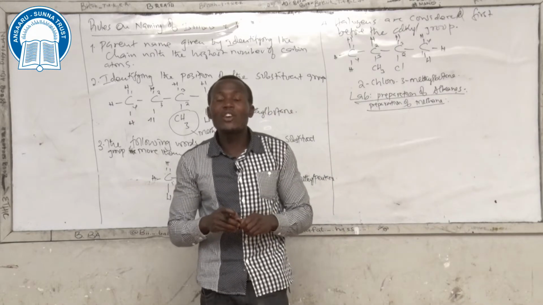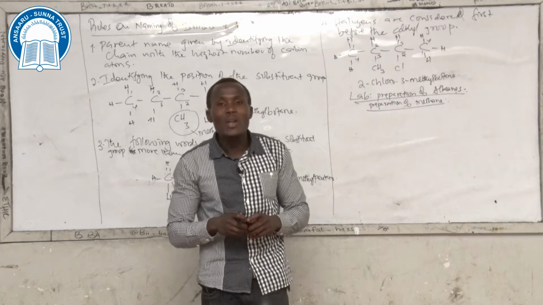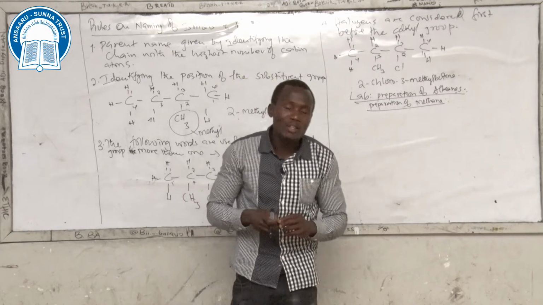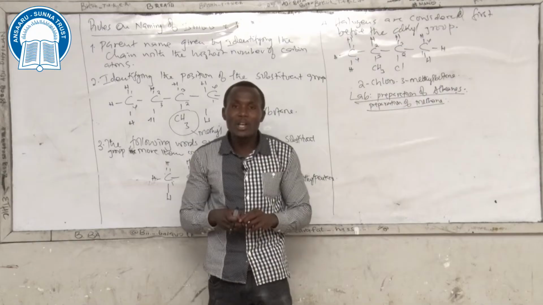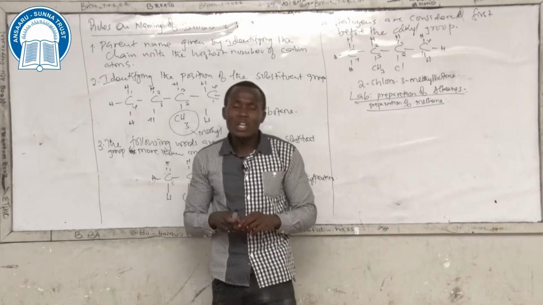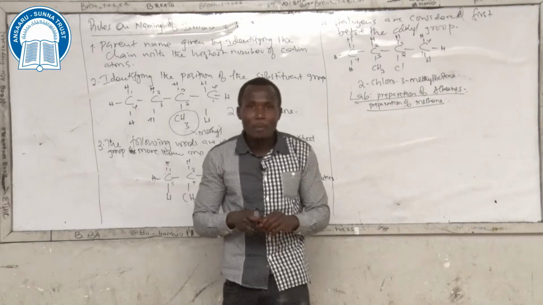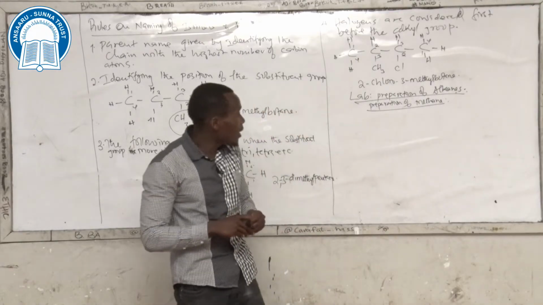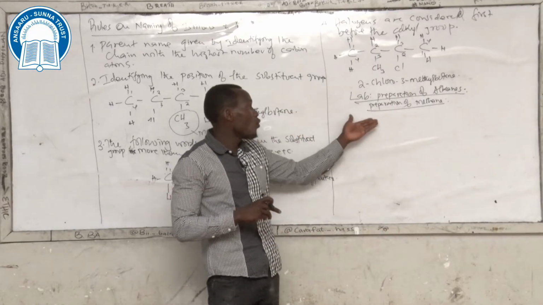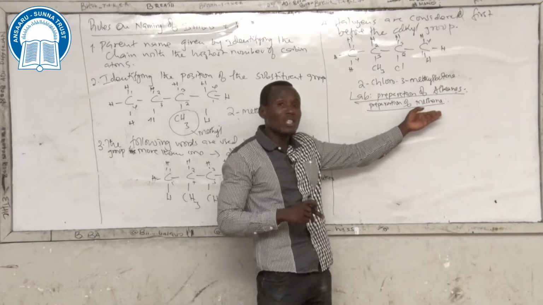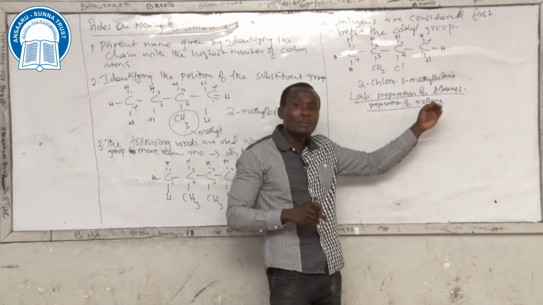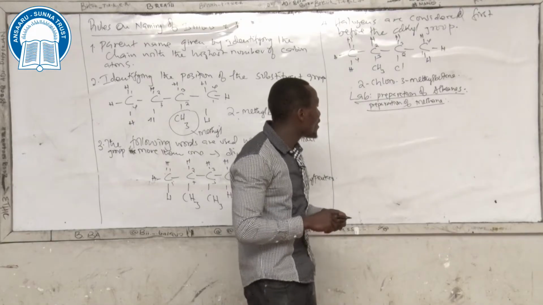If we react ethanoic acid with sodium hydroxide, we get sodium ethanoate plus water. If you need propanoate, we use sodium hydroxide plus propanoic acid, giving us sodium propanoate. So when it comes to preparation of alkanes, we use the alkanoates, which are salts derived from organic acids, with the soda lime.